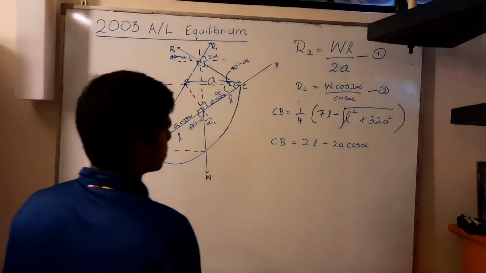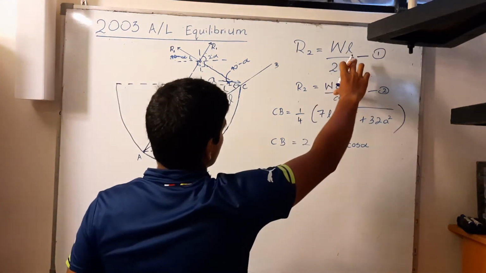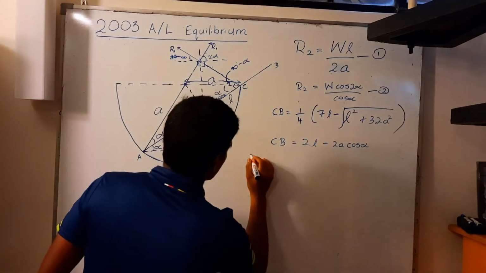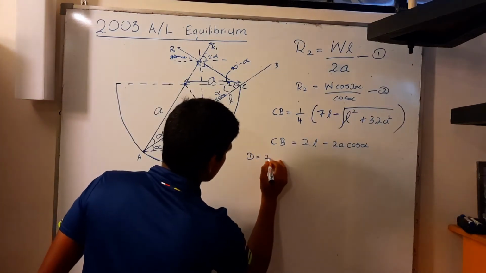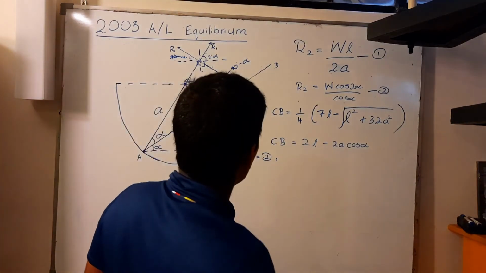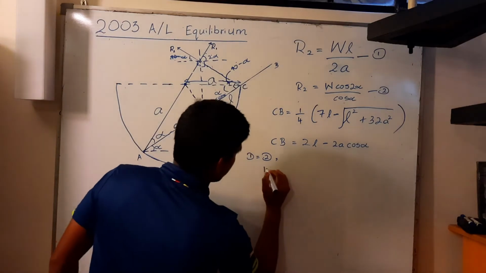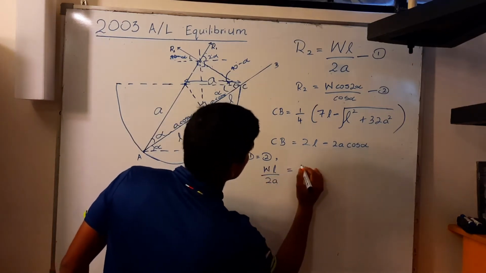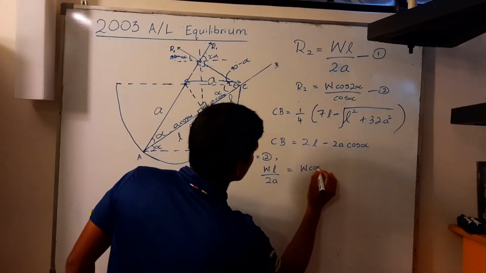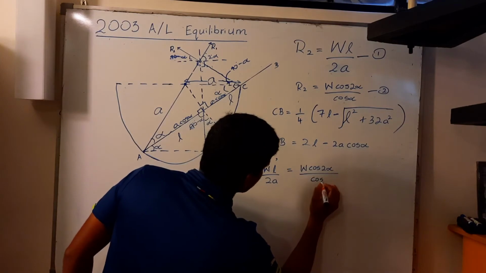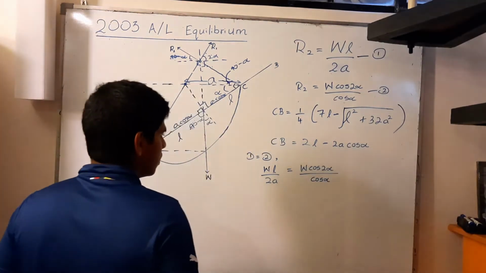To find the value of cos alpha, I'm going to take these two equations. As you can see, the first equation is equal to the second equation, so I can take 1 equals 2. Therefore WL over 2A equals W cos 2 alpha over cos alpha.